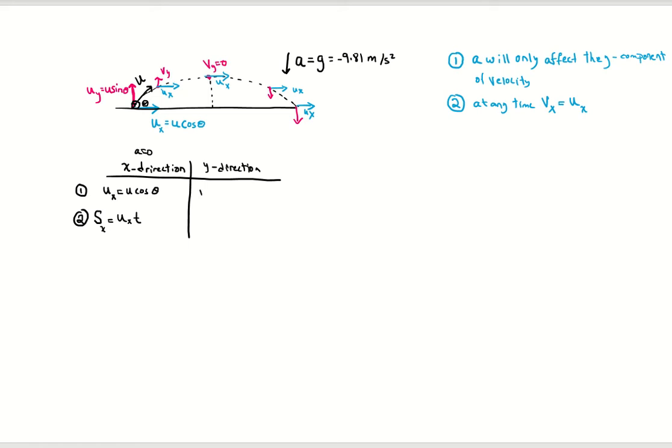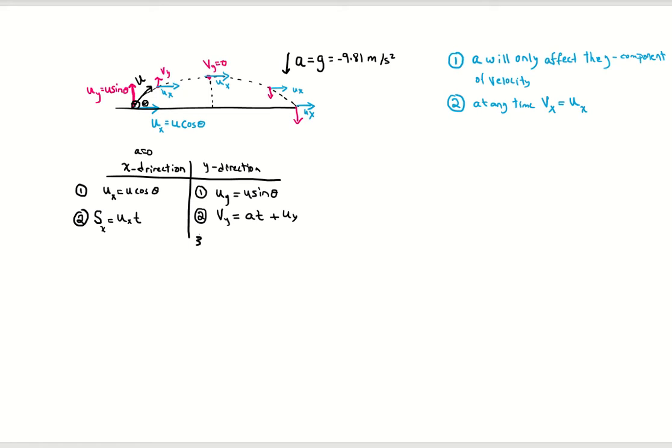So the first thing that you need to do is find the y component of the velocity, which is u sine theta. The second equation that you will be using is for finding the vertical velocity at any time, using this equation: Vy = at + uy.